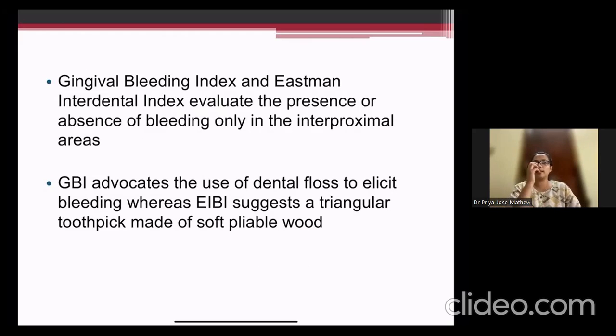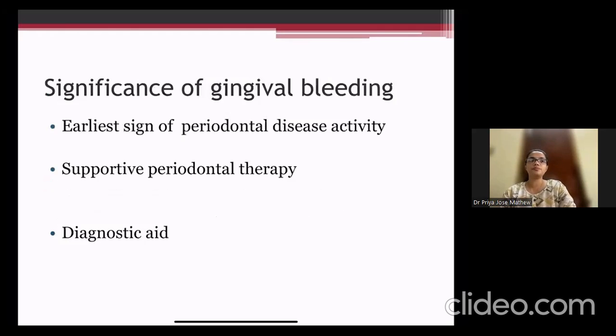So these are the two methods by which they assess it. In the first method, GBI, they use dental floss, and in the second method, they suggest a soft, pliable wood triangular pick. Here they are not assessing with the periodontal probe.